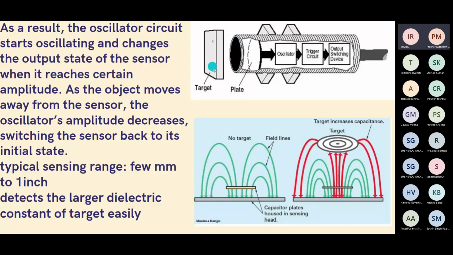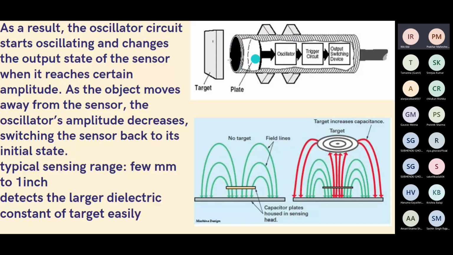As any object approaches, in the case of the dielectric type, our only condition is that the object should have a higher dielectric constant than air, so that there is sufficient change in the electric field between these electrodes. As the target approaches, there is some change in the electric field, and this change is detected by the sensor.